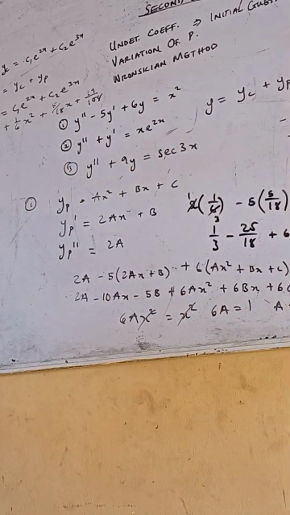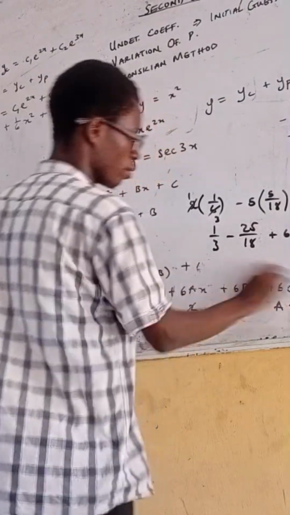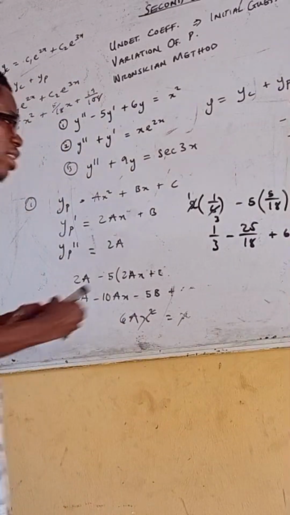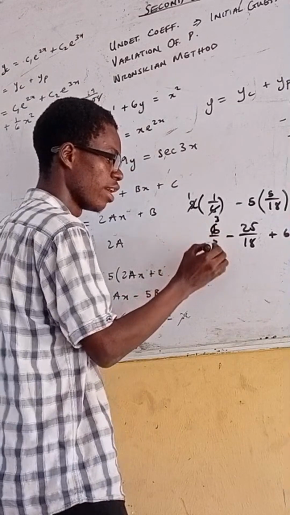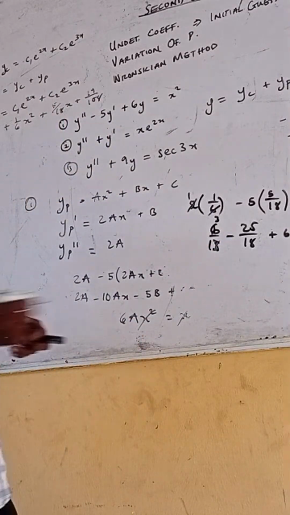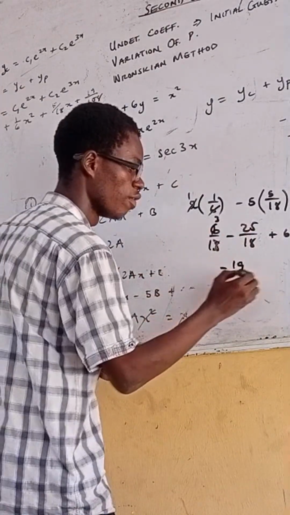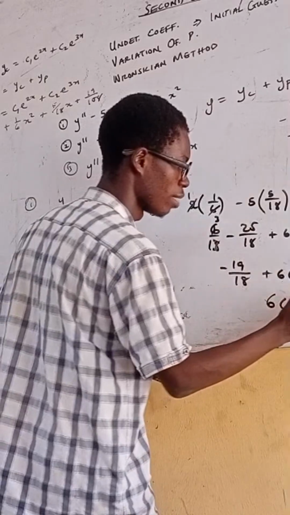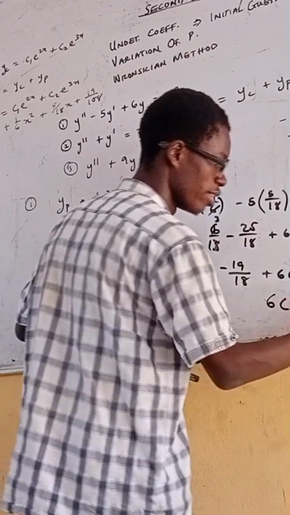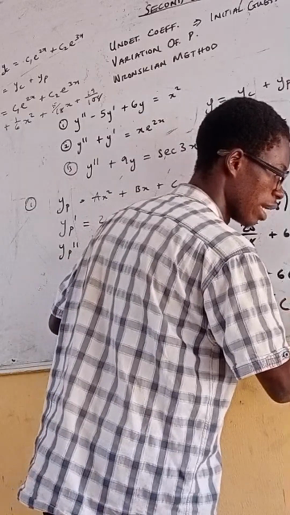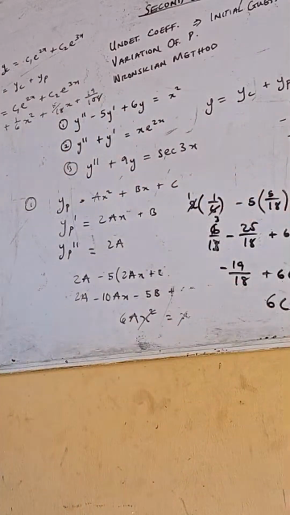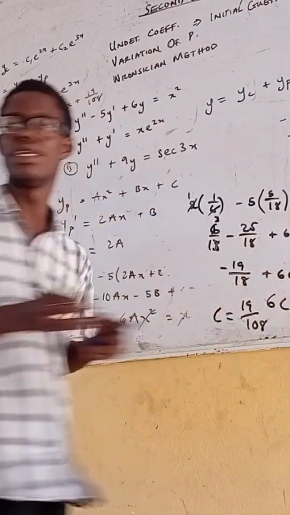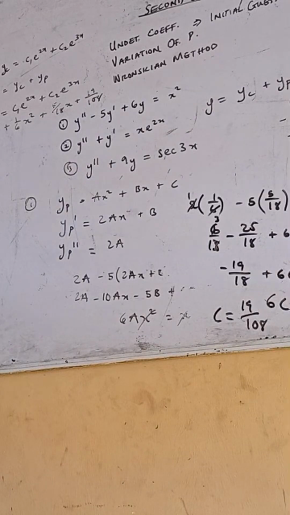So I can now say 6 over 18 is the same thing, Abi. 6 minus 5 is 1, so minus 1 over 18 plus 6c equals to 0. So 6c equals to 1 over 18. Basically c equals 1 over 18 times 1 over 6. 18 times 6 is 108. So we have c equals 1 over 108. And that's all. We have found a, we have found b, we have found c.